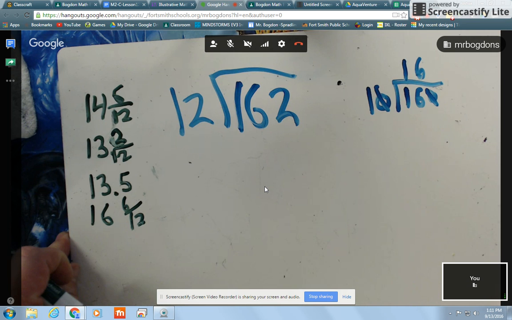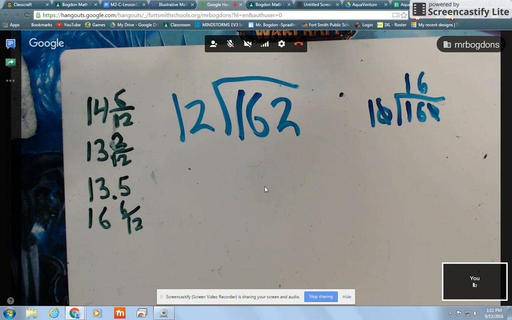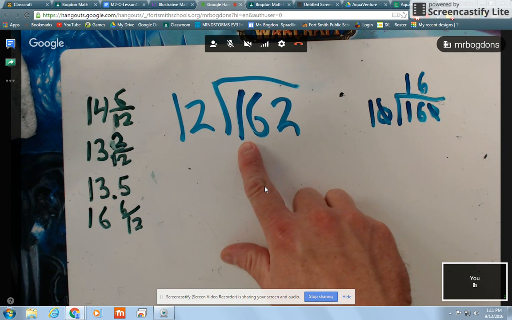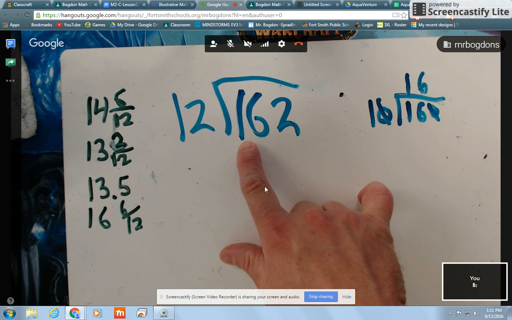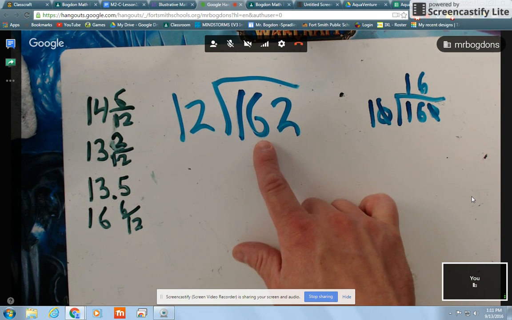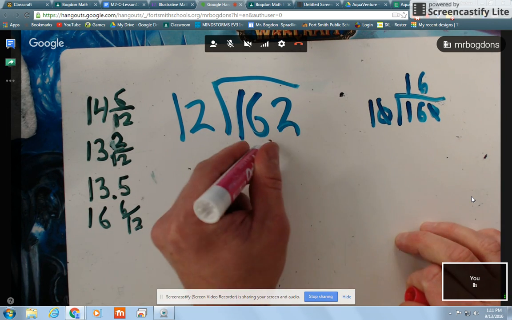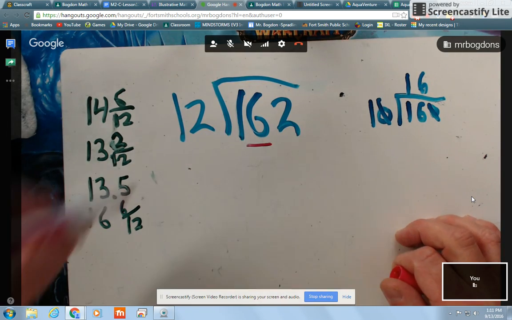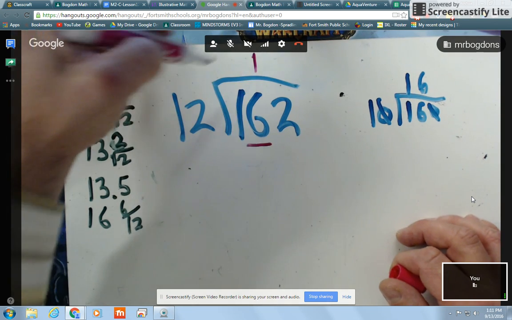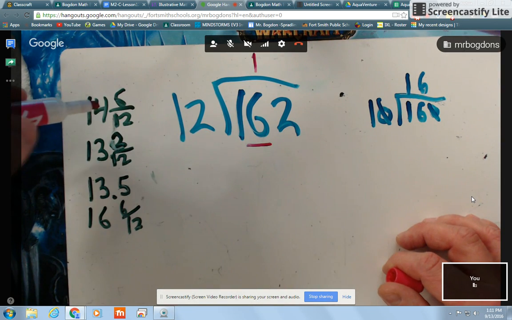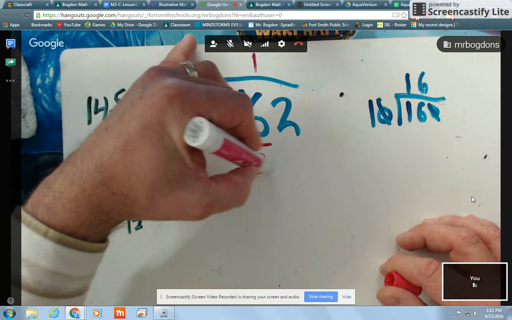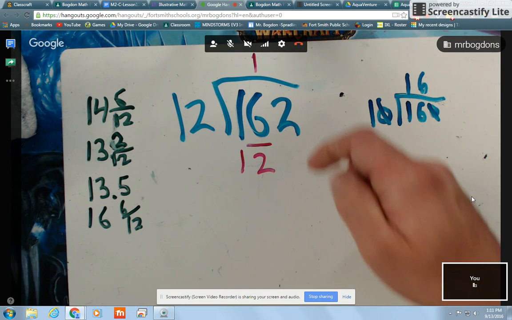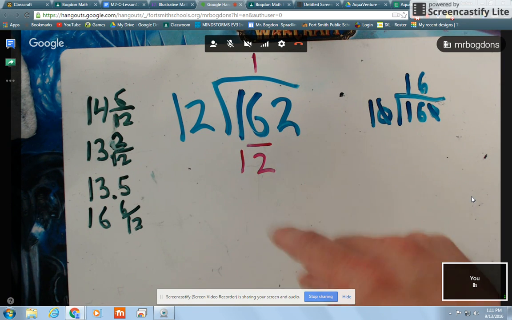Let's go ahead and break this down using the does McDonald's sell cheeseburgers? So how many times will 12 go into 1? It won't. So let's go on to how many times will 12 go into 16? 1. So I'll multiply 1 times 12, and that is 12. And then that was does McDonald's sell?